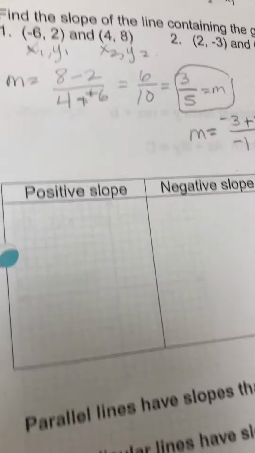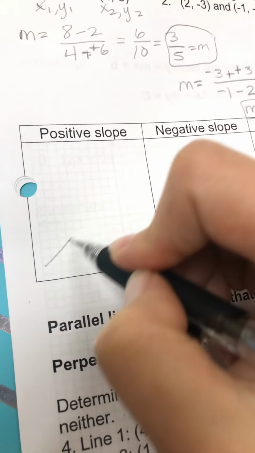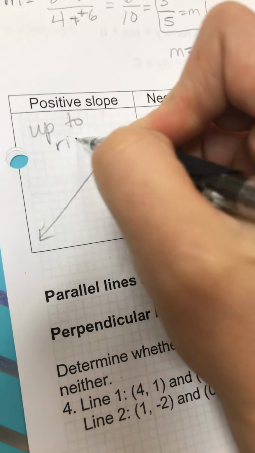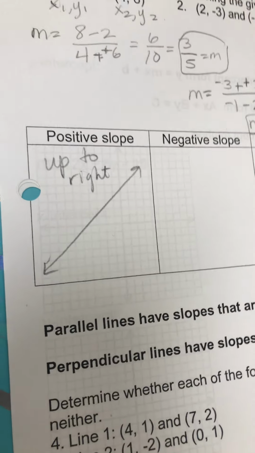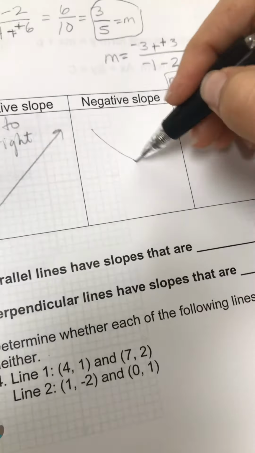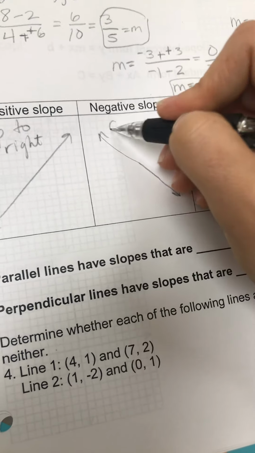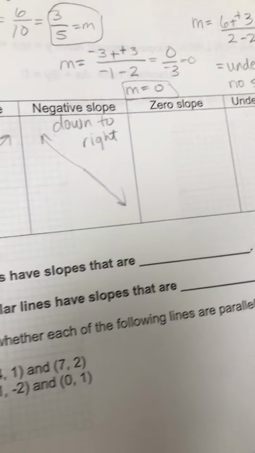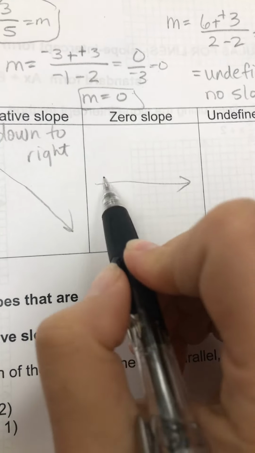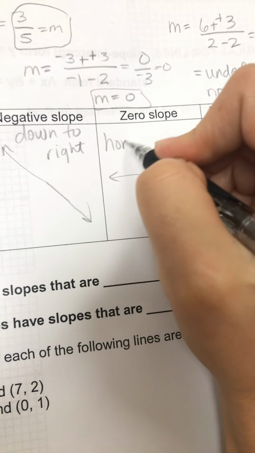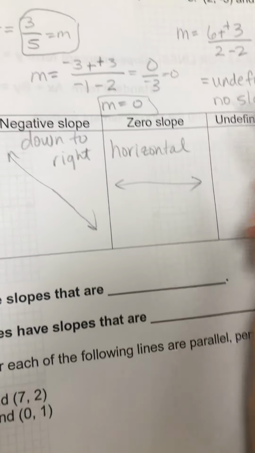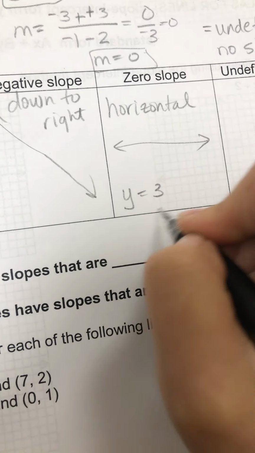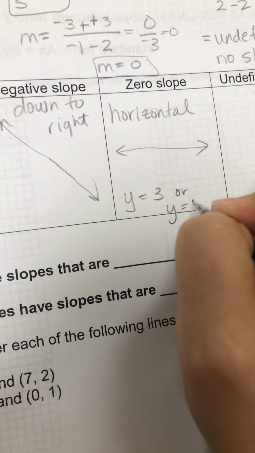Okay, so now let's fill in our chart. A positive slope goes up and to the right. A negative slope goes down to the right. The 0 slope is horizontal. For example, it's going to be like y is equal to 3 or y is equal to 7.